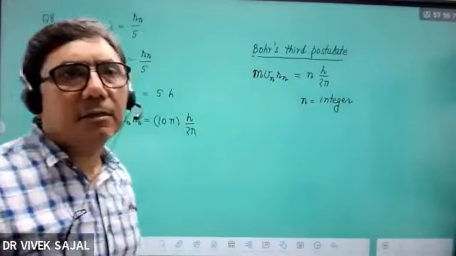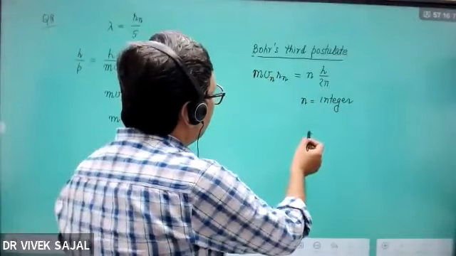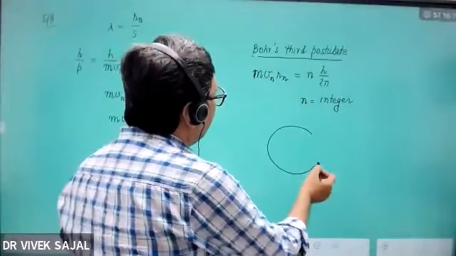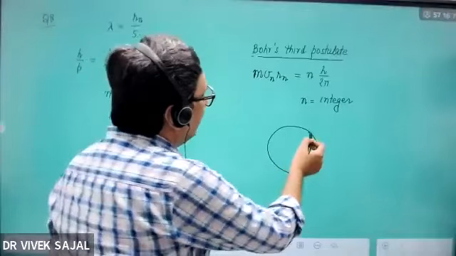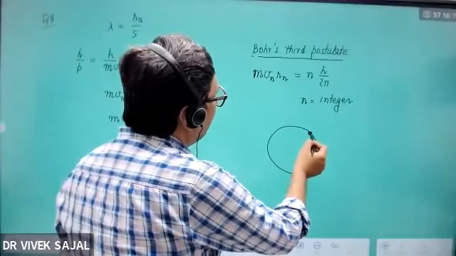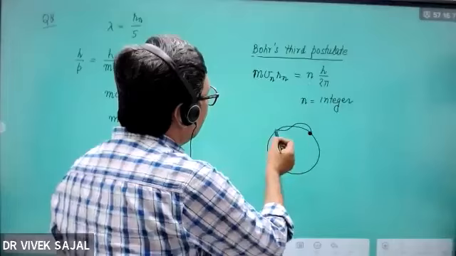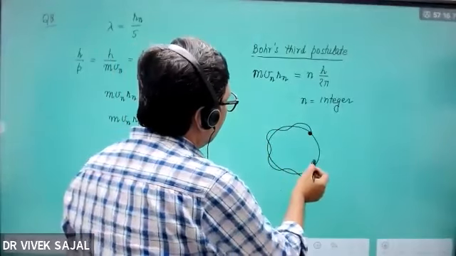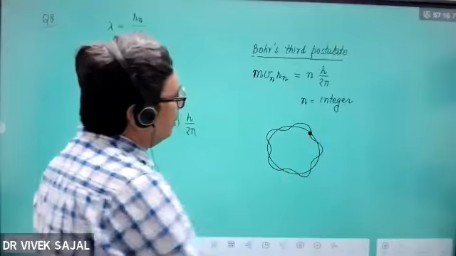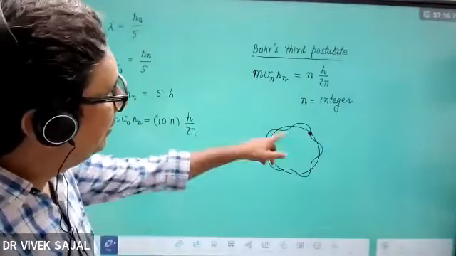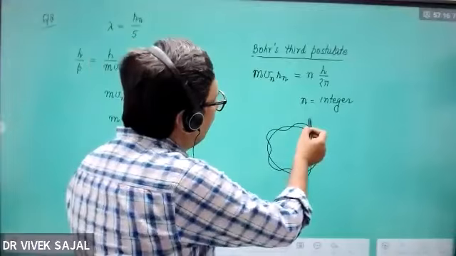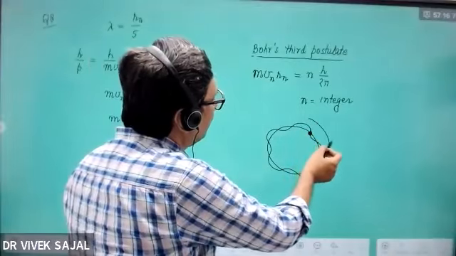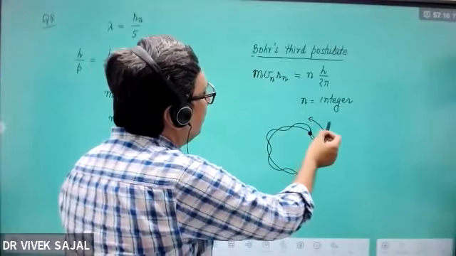Integer means, with the electron revolving in any of the orbits, the de Broglie wavelength associated with it should form a standing wave structure like this. And if this is a standing wave structure, then the separation between two peaks will be lambda.